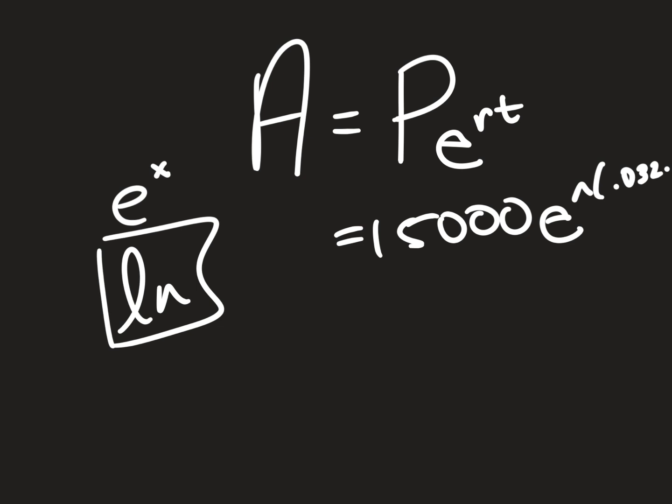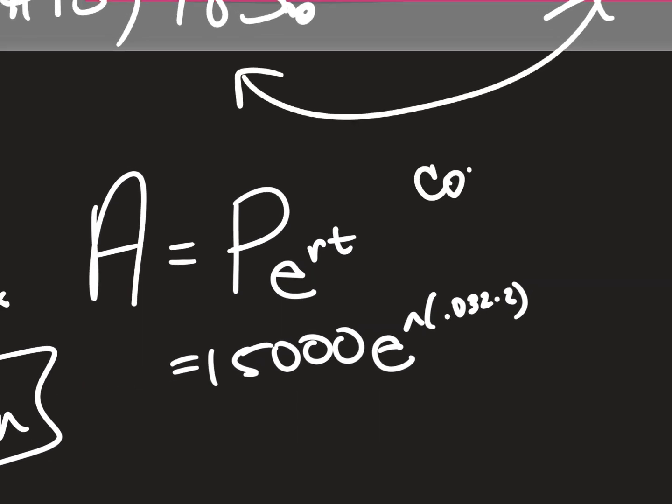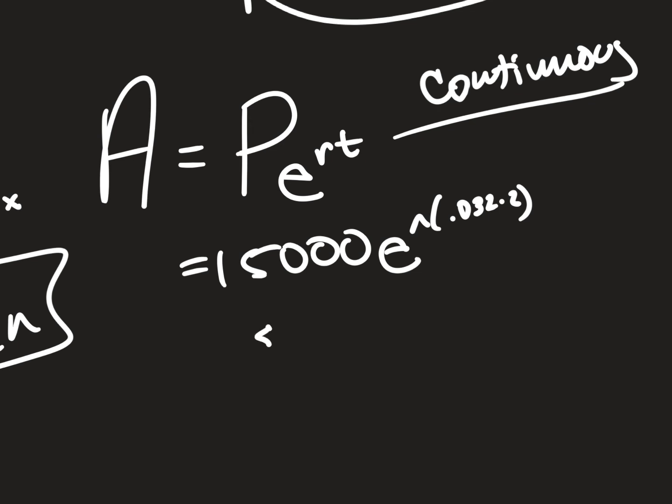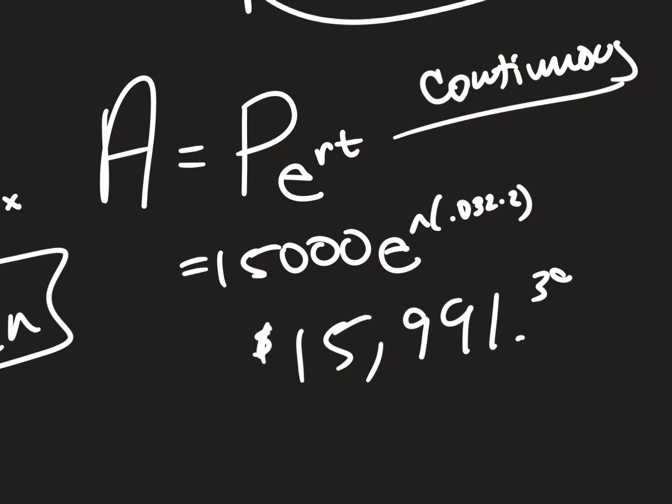But for continuous, you use APERT. 15,000, then hit second ln, the E will come up, and then you raise it and you put the rate and the time in there. And what do you get? 15,000, what is it? 991. And some change, some 39, okay.